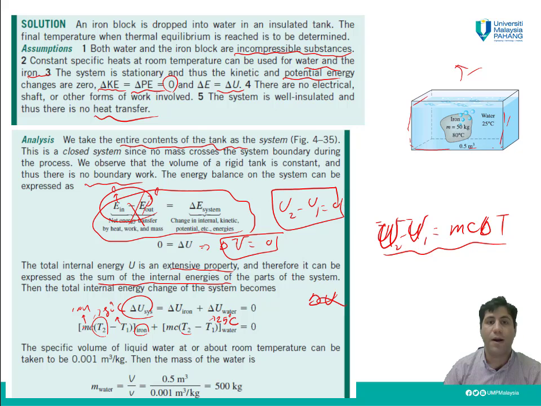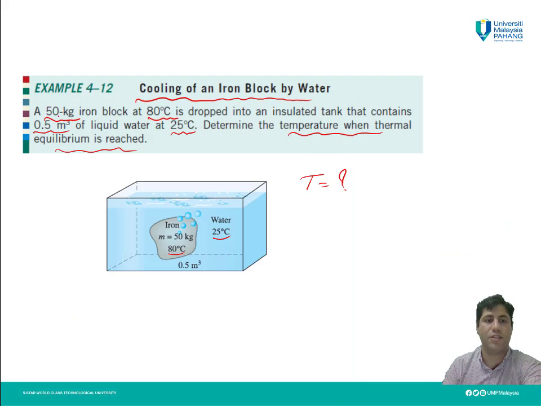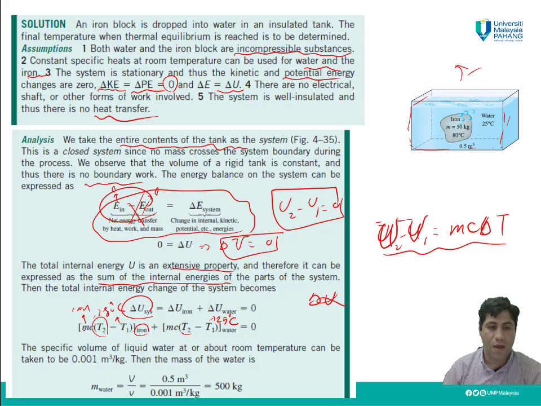The mass of iron, given according to the question, is 50 kilograms. So we have the mass of the iron. How about the mass of the water? To find the mass of the water, we need to use the table.